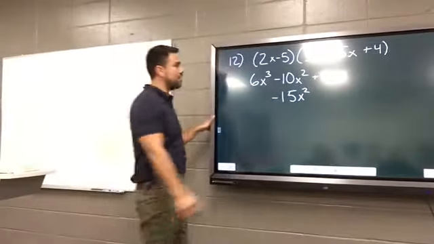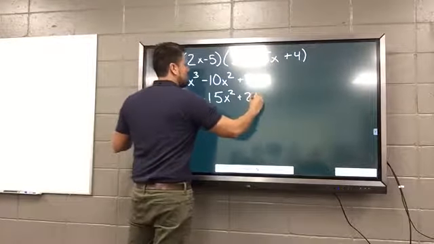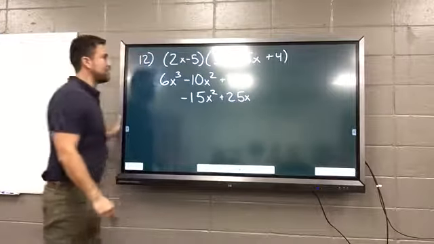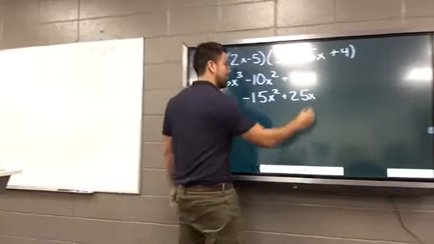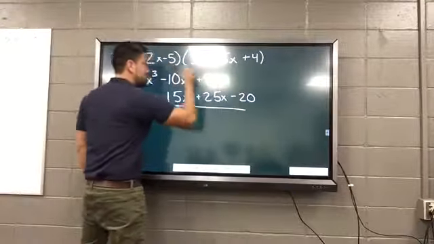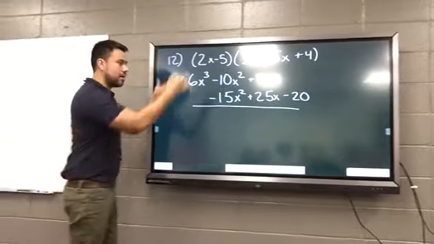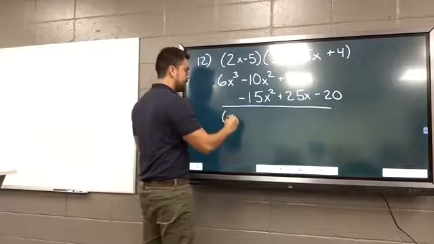Vivian, what's negative 5 times negative 5x? Beth, what's negative 5 times 4? Okay, and then see how I can even use a horizontal format and get my column set up. So now I just add like terms. 6x cubed.